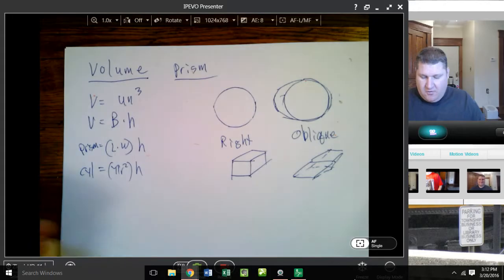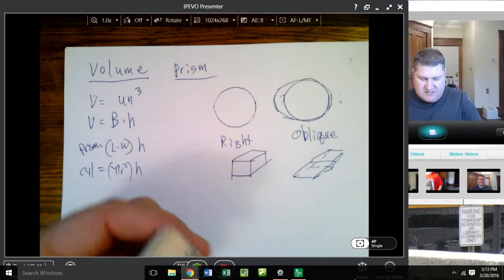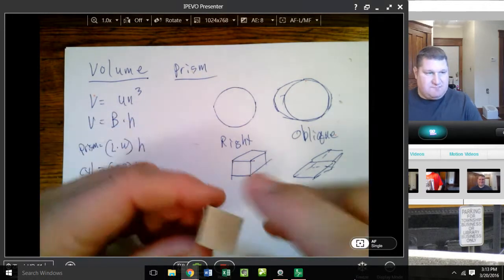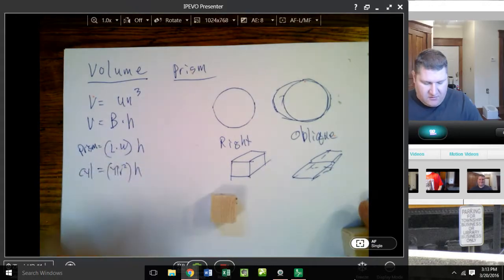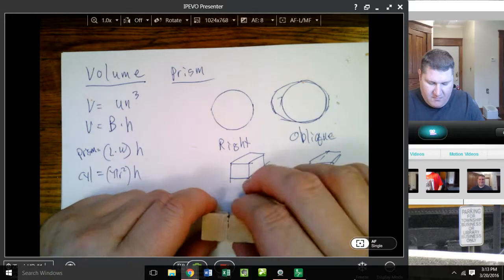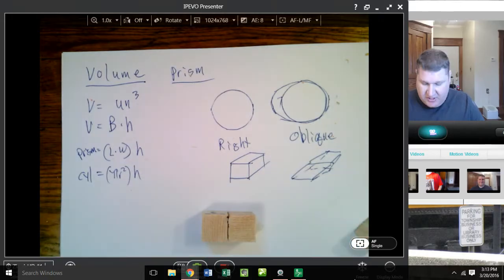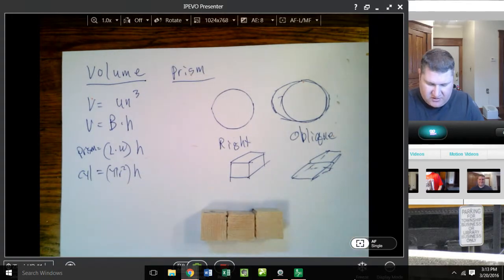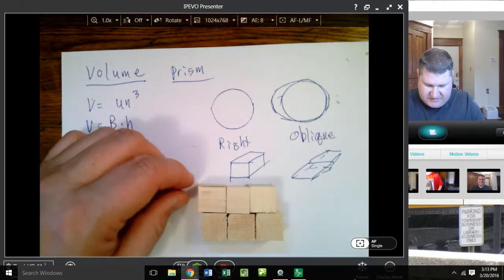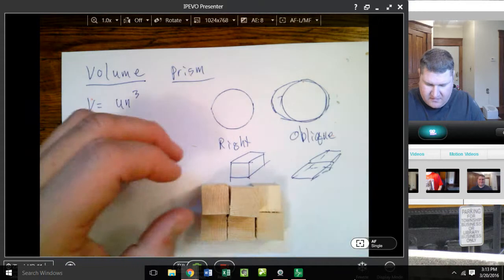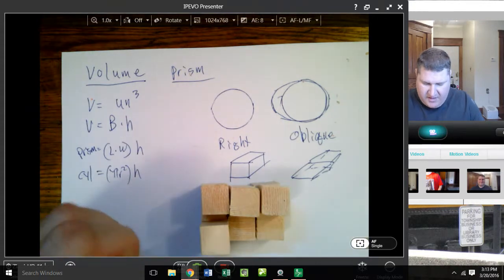Now, this is all good, but let's think about volume in terms of how much space it takes up. In terms of how much space it takes up, this is currently 1 unit cube. But if I put two of them next to each other, and then let's get crazy, let's actually put all these together and I'm making a bigger prism.